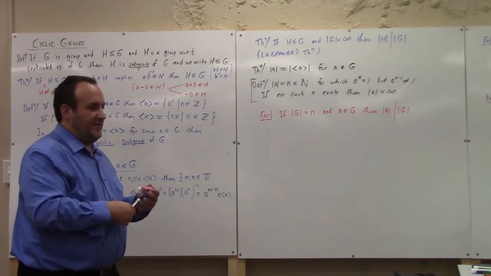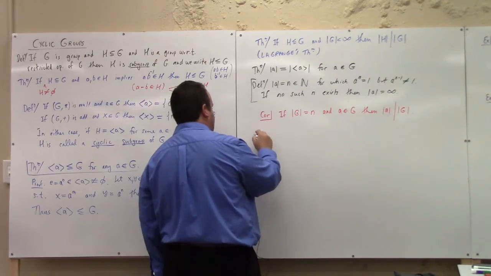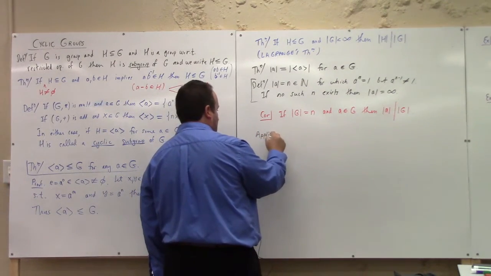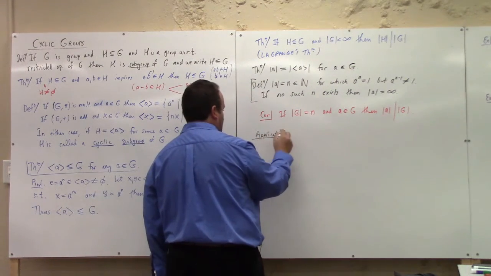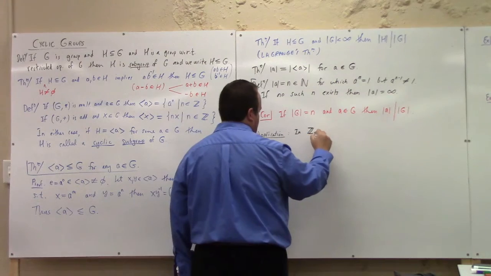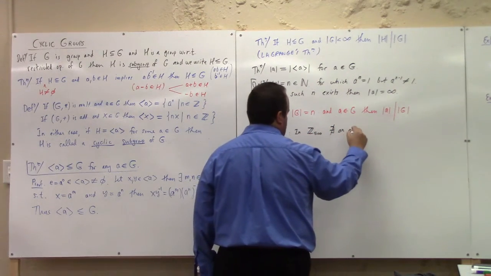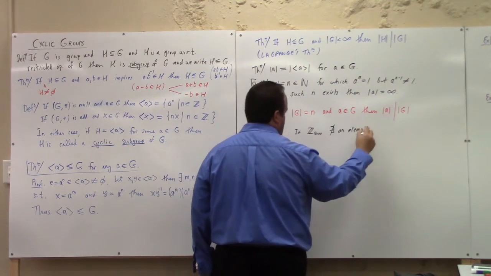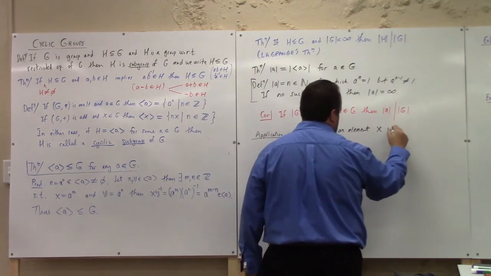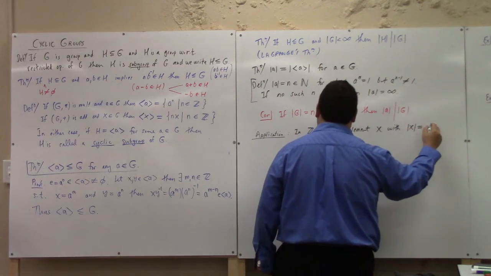Let me give you an application of this. In Z500, there does not exist an element x with the order of x equal to 11.